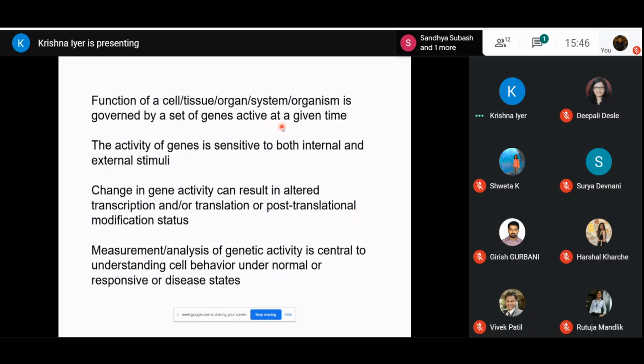Given that, analysis of gene activity can inform cell behavior under what we call normal or disease states. And not only that, if we can measure or analyze gene activity of a cell, maybe it will give us a handle on how a tissue behaves in a certain way, or an organ behaves in a certain way, or how an organism behaves because of changes in gene activity.